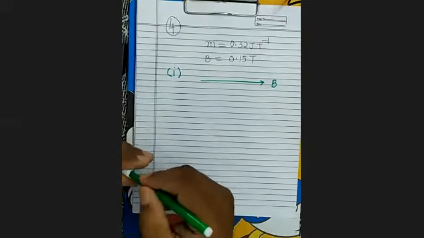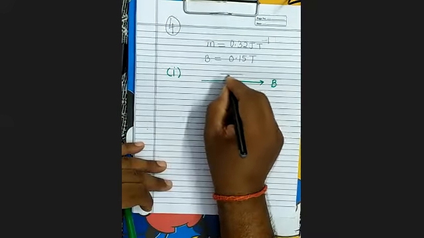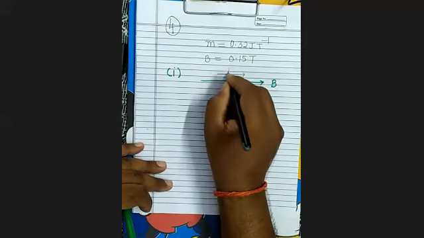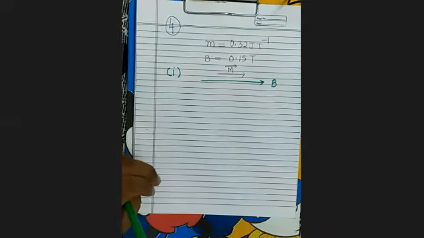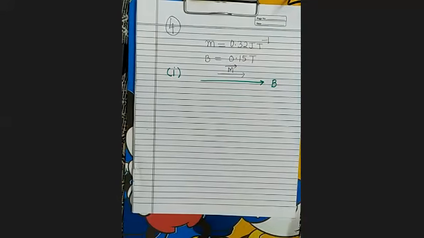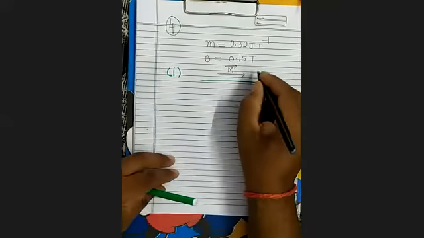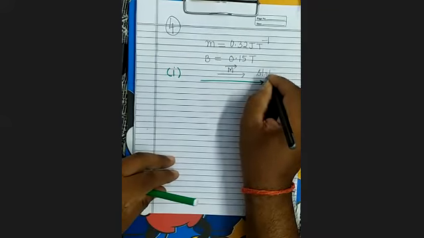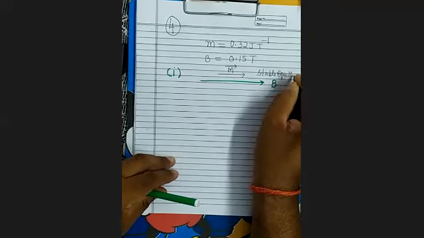When the dipole is situated in such a way that the magnetic moment is in the direction of the magnetic field vector, then it will be in stable equilibrium.